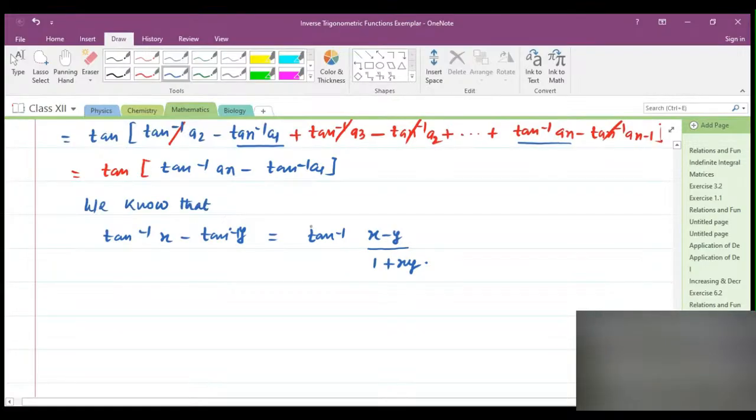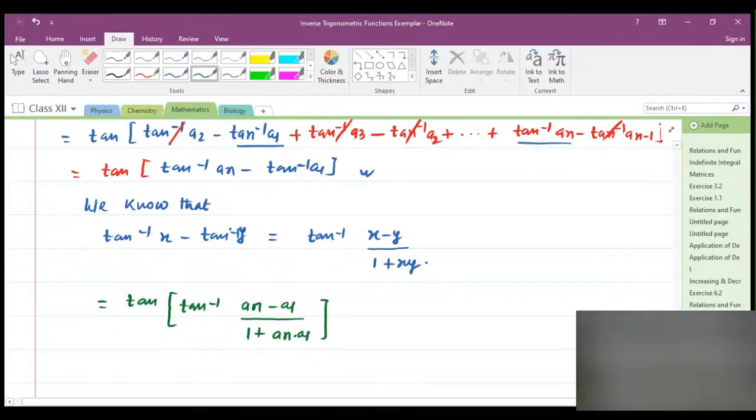So according to this, we write down here equal to tan inverse of An minus A1 by 1 plus An into A1.